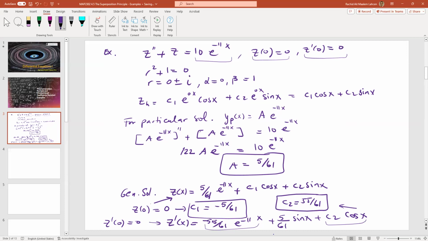Then you solve for C2, and you get 55/61. Okay, so that completes the picture.